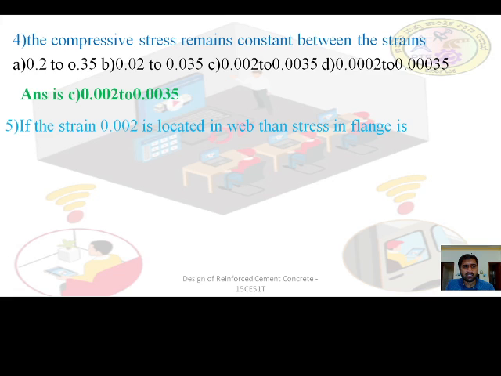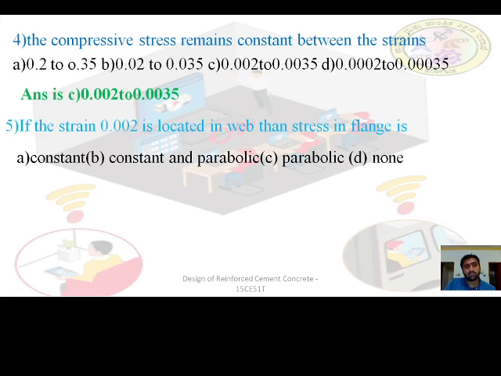If the strain 0.002 is located in the web, then the stress in the flange will be constant, parabolic, none. Answer will be constant.